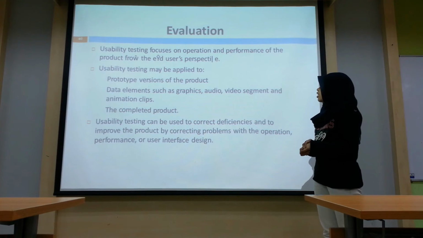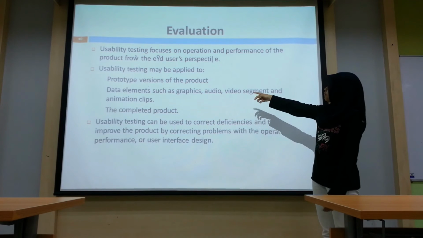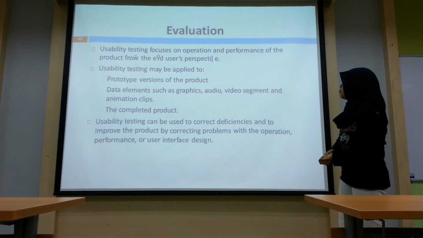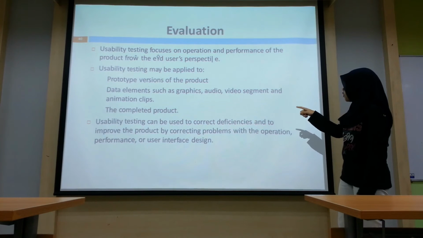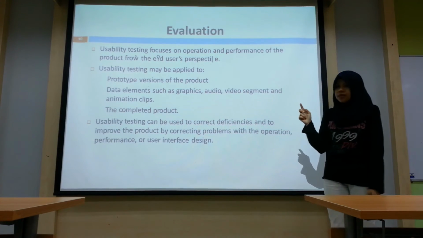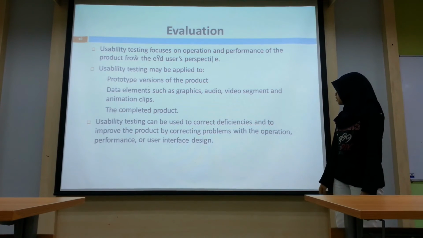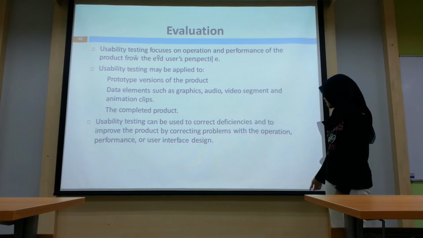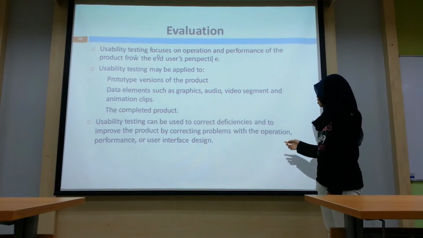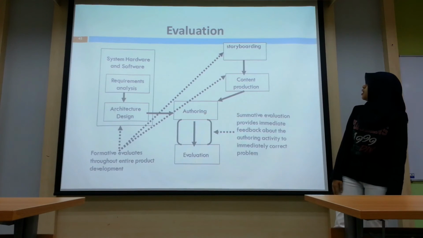Now, I will tell you about usability. Usability testing may be applied to the prototype version of the product, data elements such as graphic, audio, and video segments, animation clips, and the complete product. Usability testing can be used to correct deficiencies and to improve the product by correcting problems with the operation, performance, or user interface design.